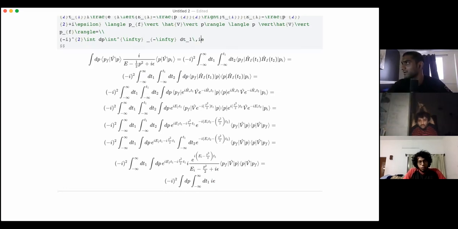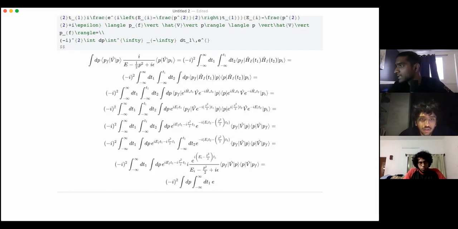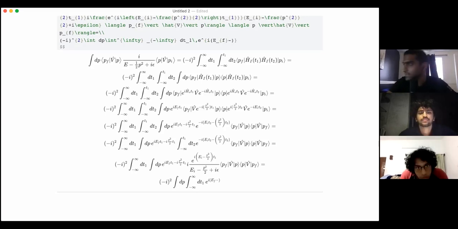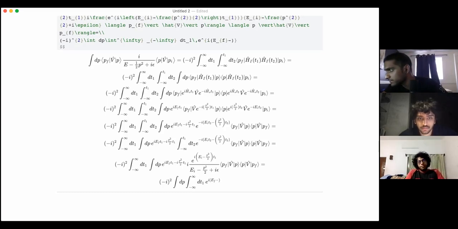We have e to the power i times E_F T1. E_F minus, well, let's see. Is it a minus? Yeah.